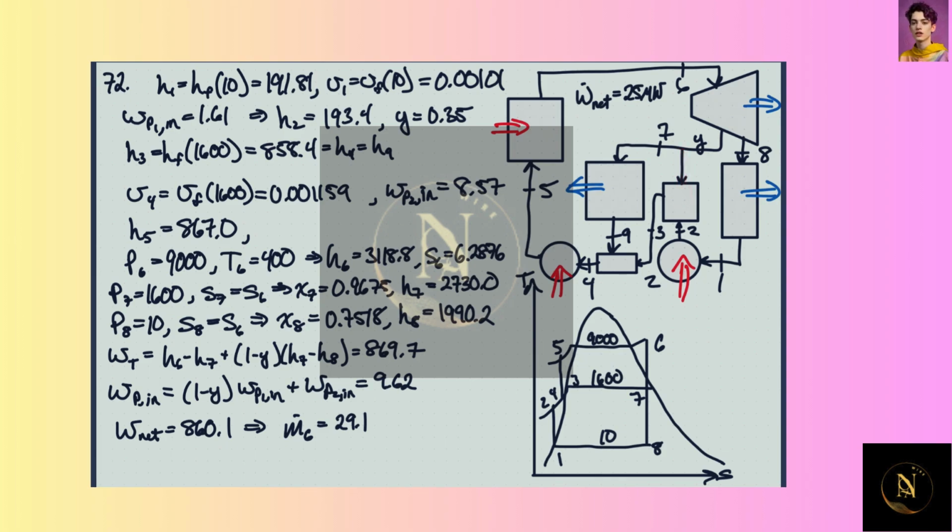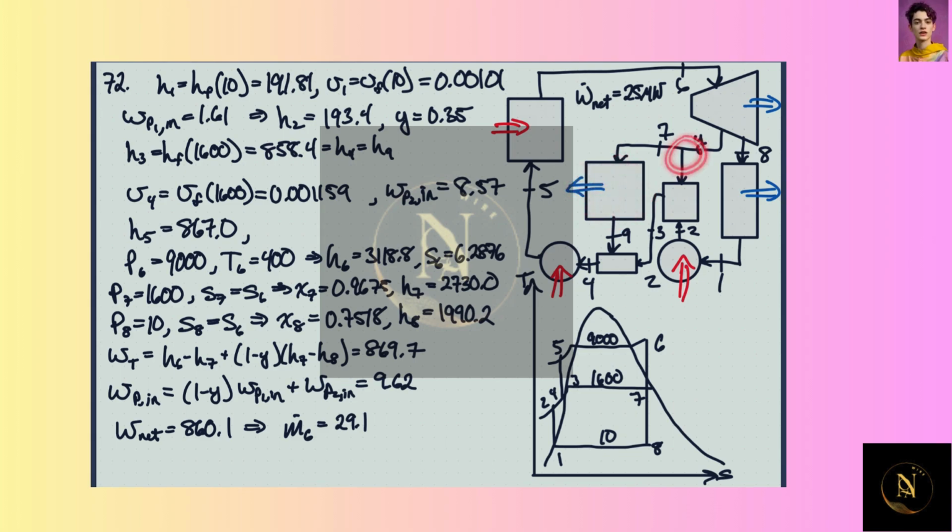A lot of this stuff we didn't really have to worry about. We have a split here, but we didn't worry about how much we were taking off to regenerate some of this feedwater in this open feedwater heater, and how much we were running through here to get process heat out.